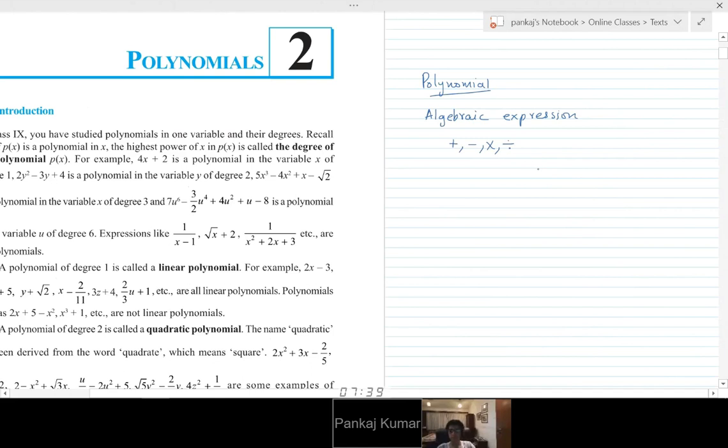Algebra is simple, these four things, and expression means that it is having terms involved in it. Suppose we have x square plus 2. So this is one term, this is another term. So this involves algebraic expressions.